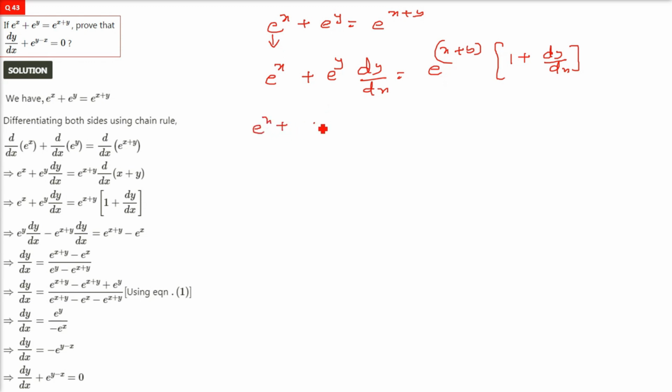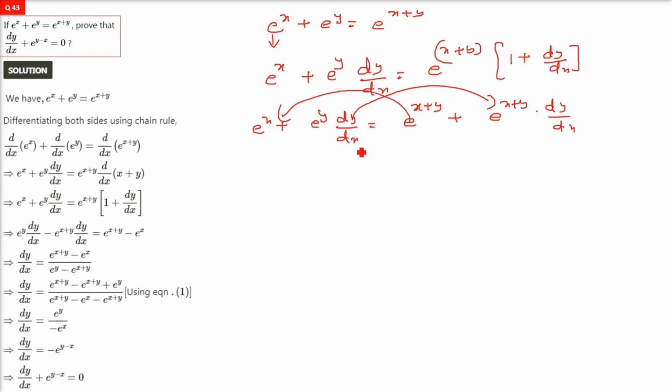So e to the power x, e to the power y, dy by dx. On the right, it is going to be e to the power x plus y into 1 plus e raised x plus y into dy by dx. Okay, now bring this here. Whichever way you want to take, just you have to take dy by dx on one side and the remaining on the other side. So e to the power x minus e to the power x plus y.